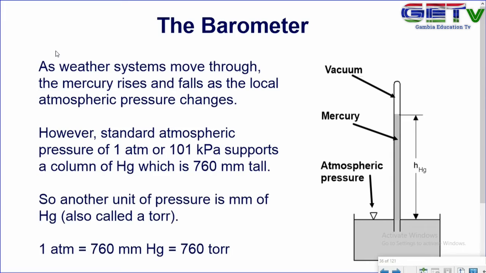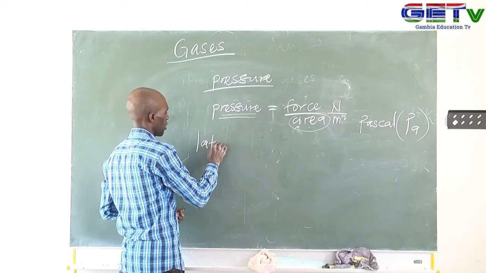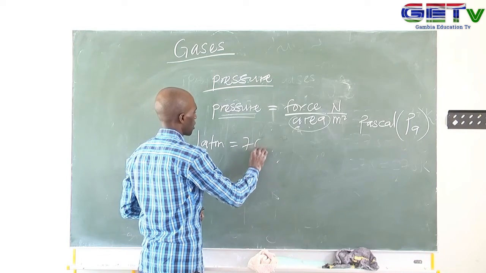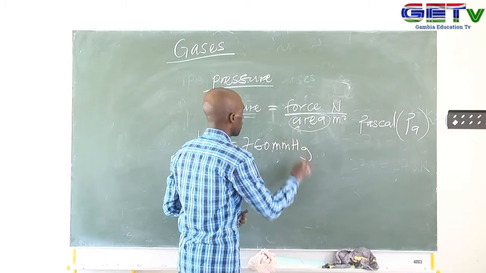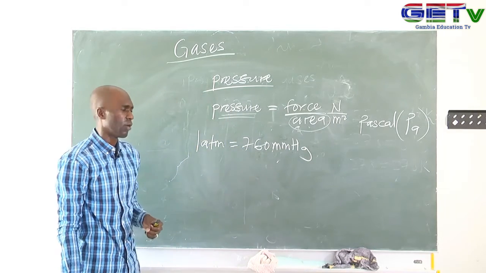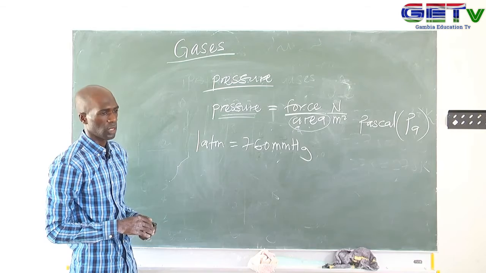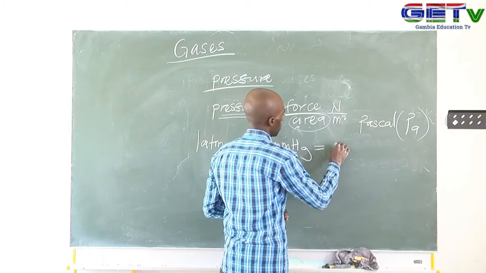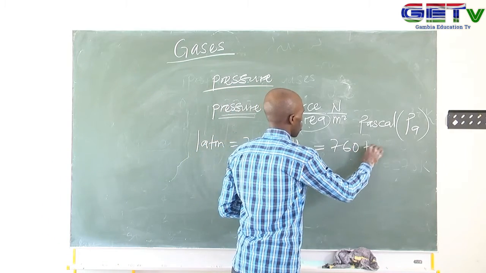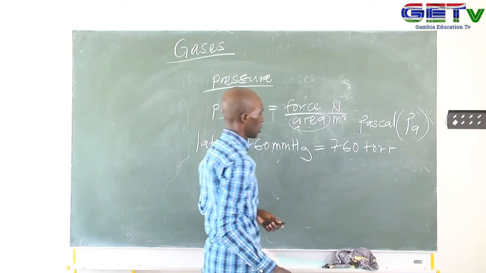So that means 1 atmosphere will be equal to 760 millimeter mercury. This is another unit of pressure. Okay. And this is equivalent to 760 torr.